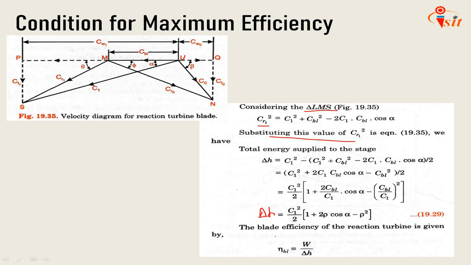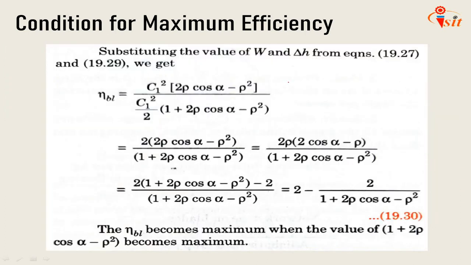Now the blade efficiency we need to calculate. The blade efficiency of a reaction turbine is given by W upon delta H, work done divided by total energy supplied. Okay. Now substitute the value of W and delta H we have calculated earlier in the efficiency equation. So we will get C1 square (2 rho cos alpha minus rho square) divided by C1 square by 2 (1 plus 2 rho cos alpha minus rho square).